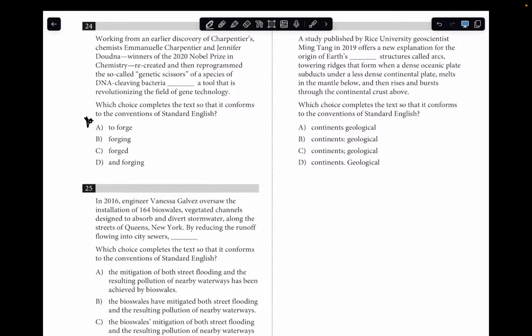Forging, no, because I think you need something before to connect to forge. So that would subsequently eliminate B and C. So to forge or and forge, definitely and forge. To forge. Of a species of DNA-cleaving bacteria to forge a tool that is revolutionizing the field of gene technology.